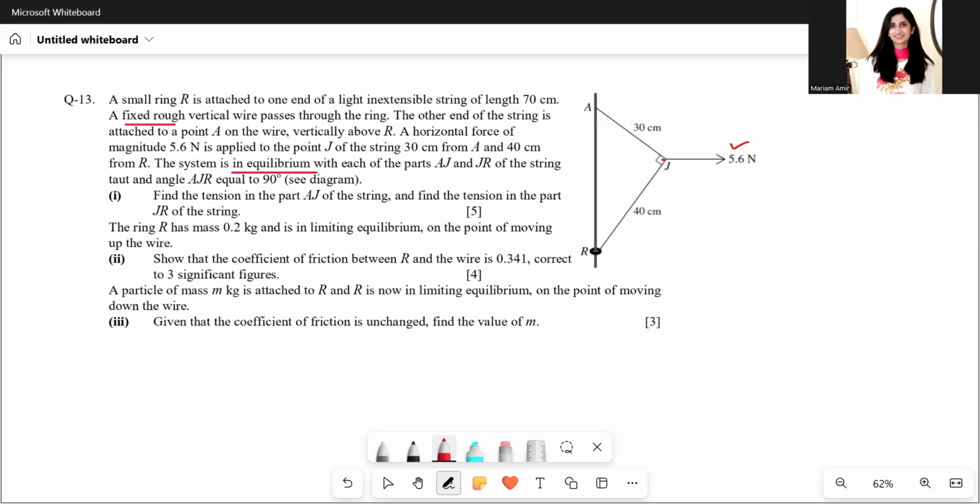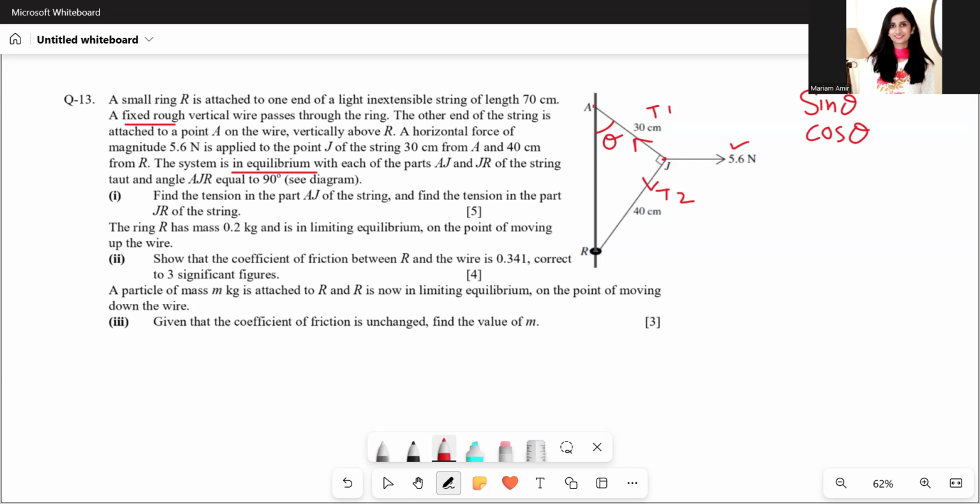So we'll have to look at J and outwards write T1 and here outwards write T2. I need theta in this question so that I can find sine theta and cos theta to resolve the tensions. So we have 30 here, 50 here, 40 here.